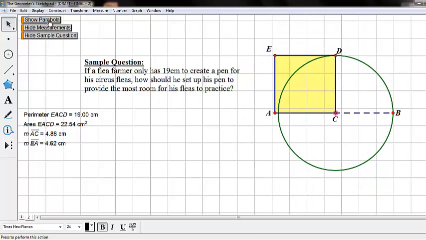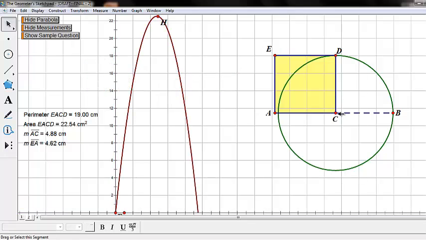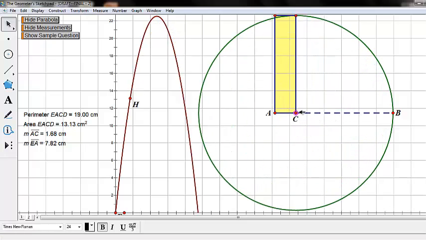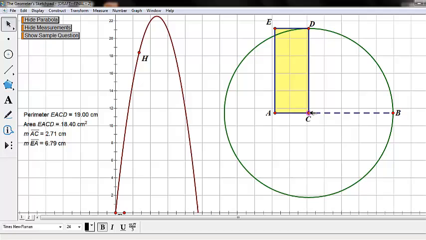And to illustrate this, I created a graph where the x-axis is the length of AC. So as I change the length of AC, point H moves left to right. And the y-axis is actually the area of rectangle AECD.